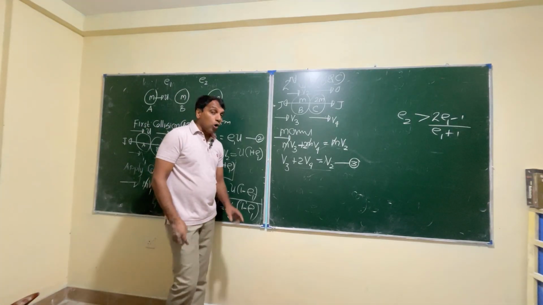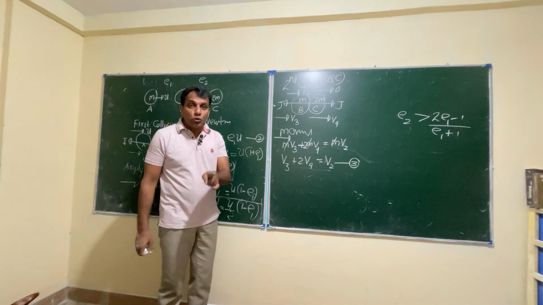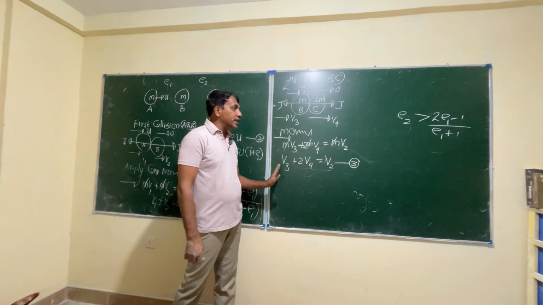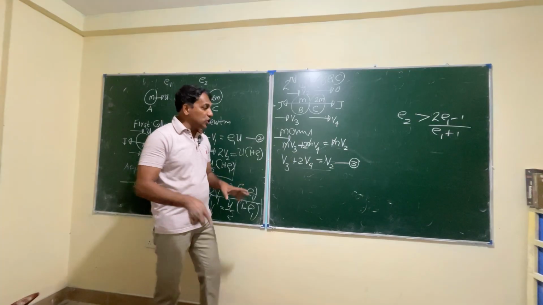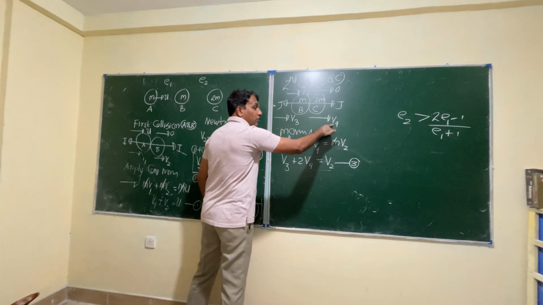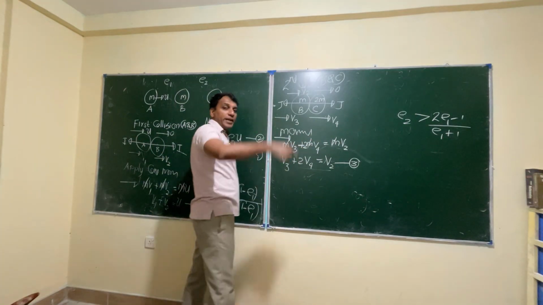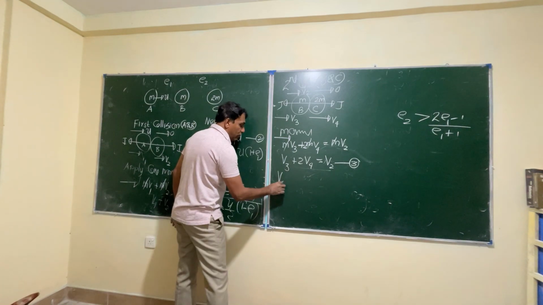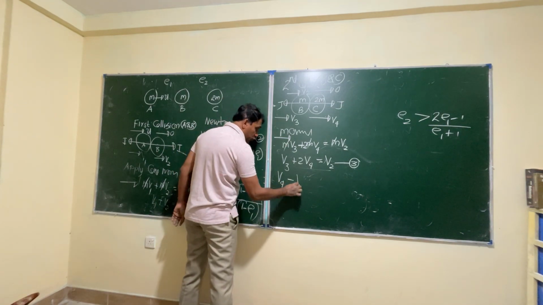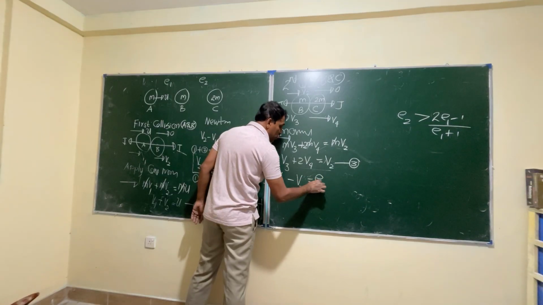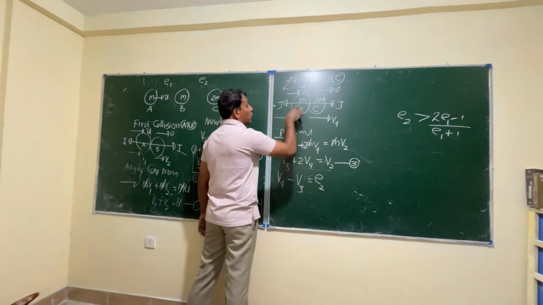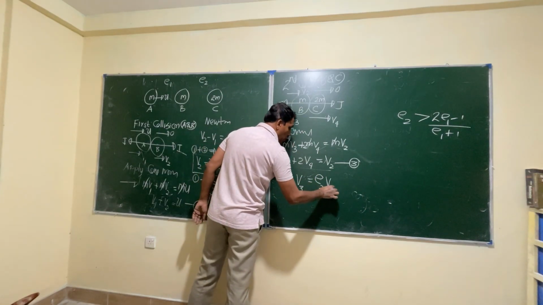Okay, now once again Newton's restitution law. Apply Newton's restitution law. The velocity of separation: v4 is larger than v3, relative velocity equals coefficient e2 into approach velocity v2.